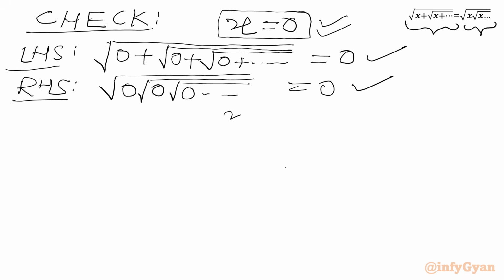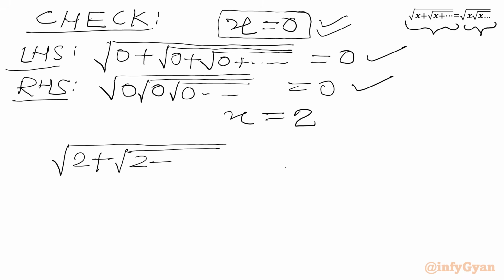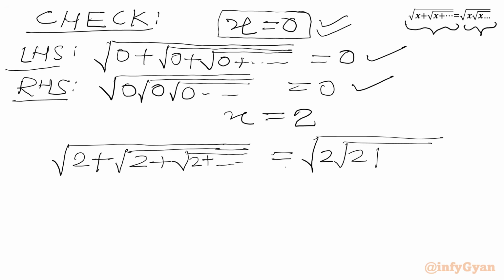Now we are going to check x equal to 2. We will write here square root of 2 plus square root of 2 plus square root of 2 plus up to infinity equal to square root of 2 times square root of 2 times square root of 2 times up to infinity.